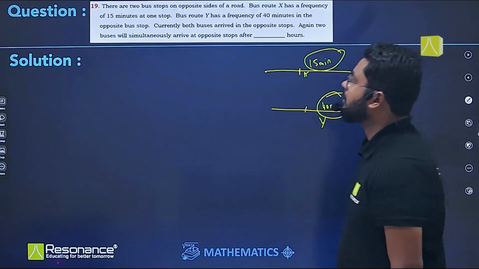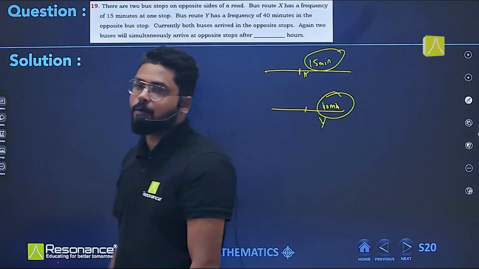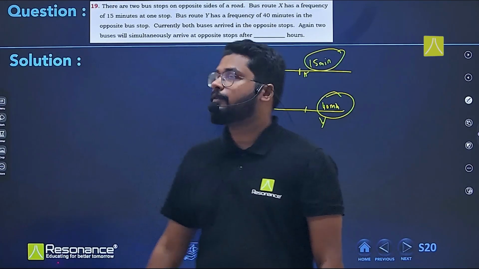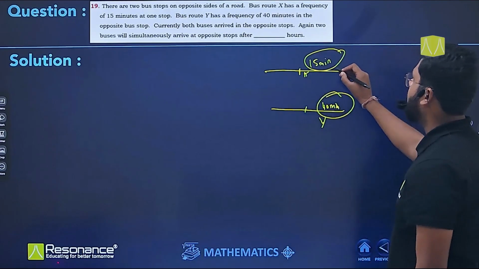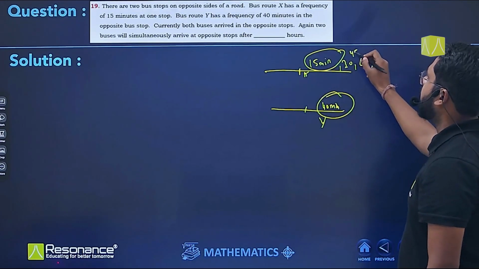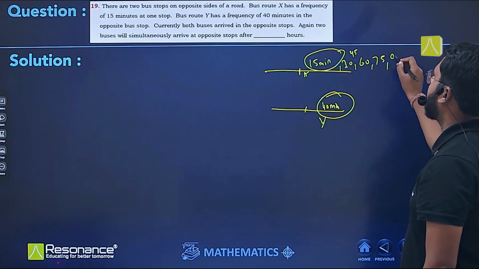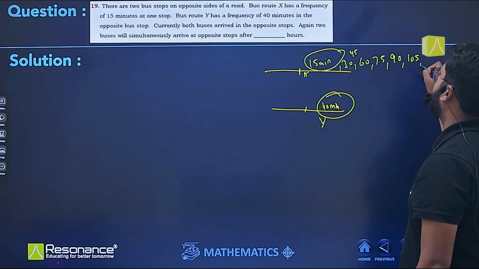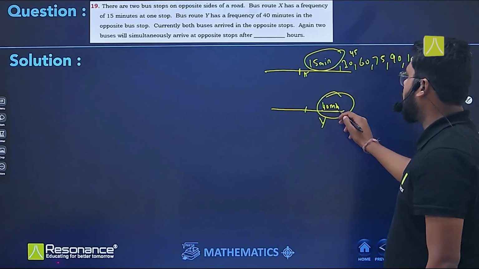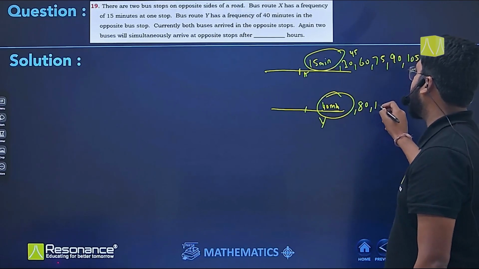So again, two buses will simultaneously arrive at opposite stops after what time, or after how many hours? If you write it out, suppose after 15, 30, 45, 60, 75, 90, 105, then 120 minutes. These are the frequencies of the bus. But for 40 it will be 80, then again 120.